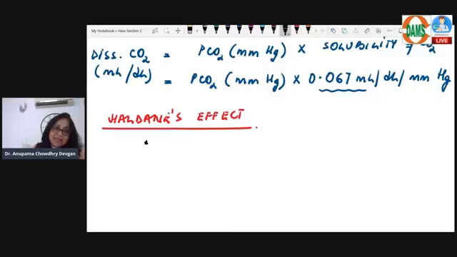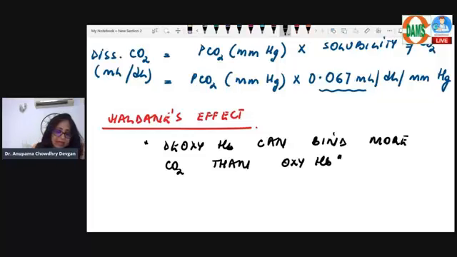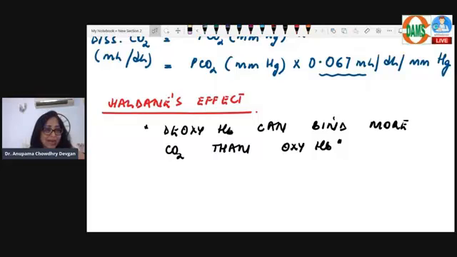Haldane's effect states that deoxyhemoglobin can bind more CO2 than oxyhemoglobin. Haldane's effect is based on this one line, which says that deoxyhemoglobin can bind more CO2 than oxyhemoglobin.